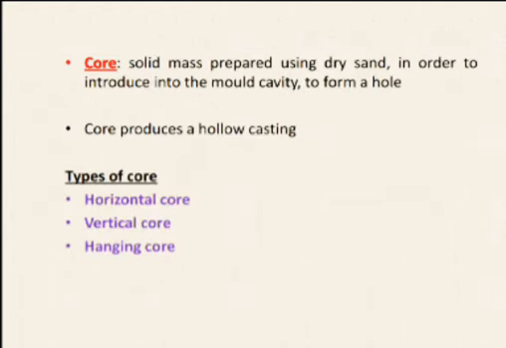Now the core. Whenever a hole, recess, undercut or internal cavity is required in a casting, a core, which is usually made of a refractory material like sand, is inserted at the required location in the mold cavity before finally closing the mold. The types of core are horizontal core, vertical core or hanging core.